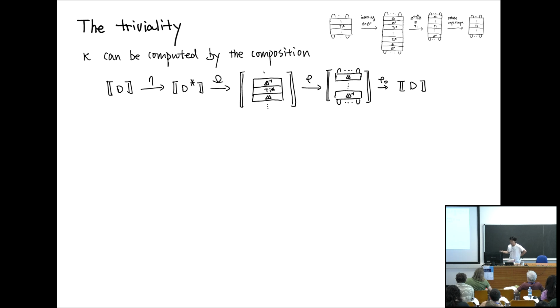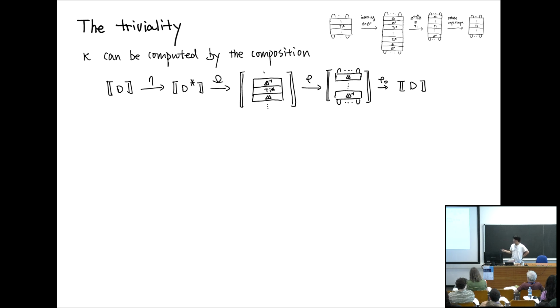The second step, omega, is the one corresponding to introducing some half twists. Rho corresponds to really doing the flip for each tangle. And finally, rho 0 corresponds to eliminating the last two half twists. The last three steps correspond to the three steps in the red master move picture on the top right.